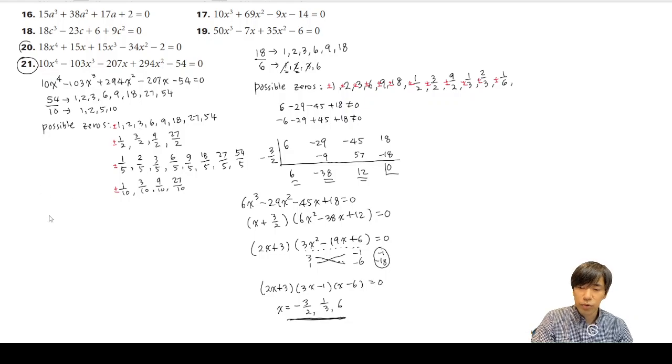Let me see if it works. 10, negative 103, 294, sorry about that, and then negative 207, and minus 54. There are no missing terms. So you don't have any zeros here.